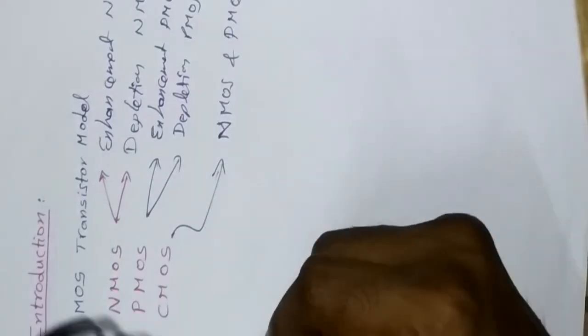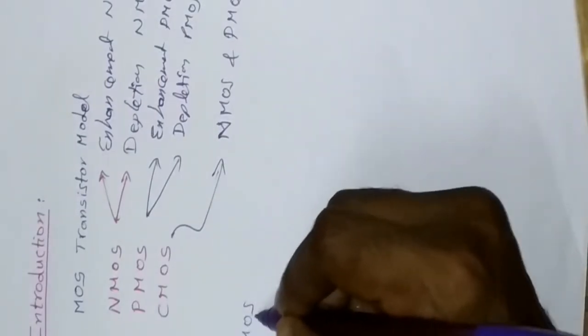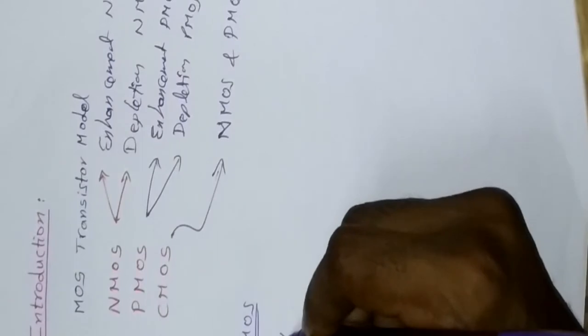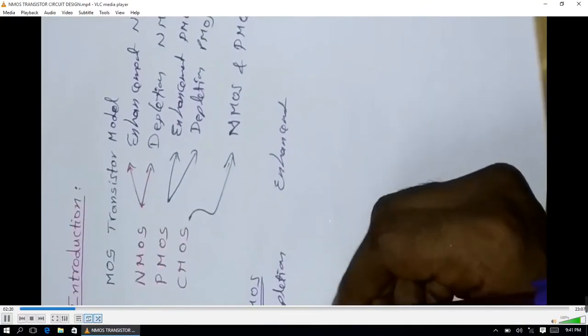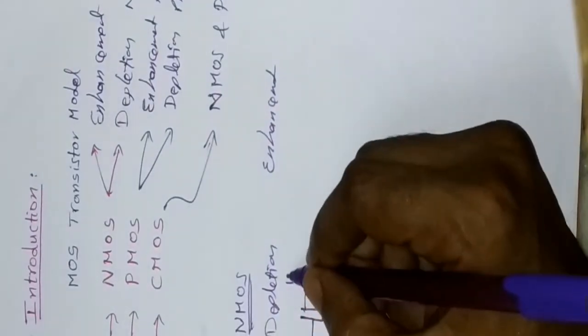Now coming to the symbol representation for the Nmos transistor, that is for depletion mode and enhancement mode. For the Nmos transistor, the symbol should be like this. This is the gate terminal, and this is drain, and this is source.